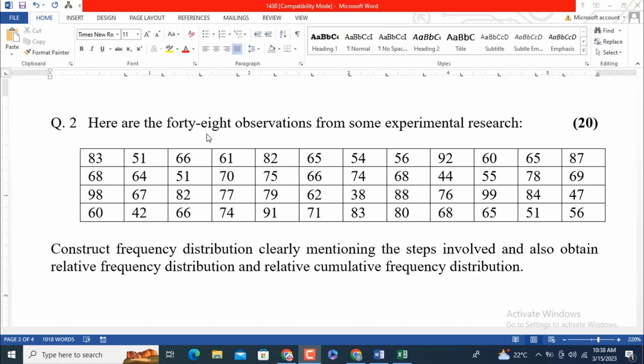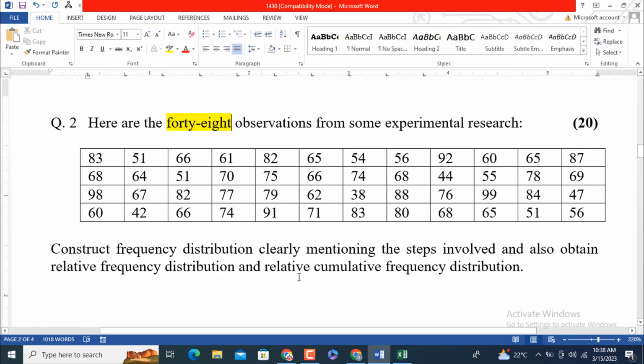Here are the 48 observations already given to you, the number of observations from some experimental research, and these are the raw data. So the first requirement is to construct a frequency distribution, clearly mentioning the steps involved, and also obtain relative frequency distribution and relative cumulative frequency distributions.